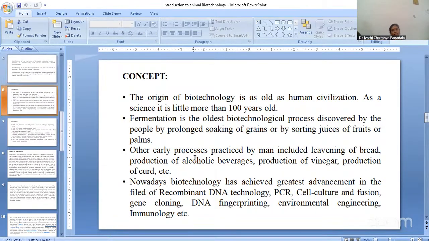Fermentation is the oldest biotechnological process, discovered by people through prolonged soaking of grains or souring of juices and other processes practiced by man, including the production of alcoholic beverages, production of vinegar, and production of alcohol.